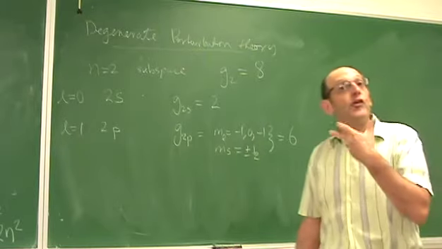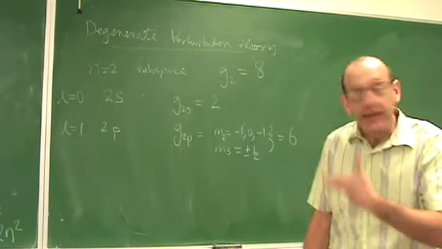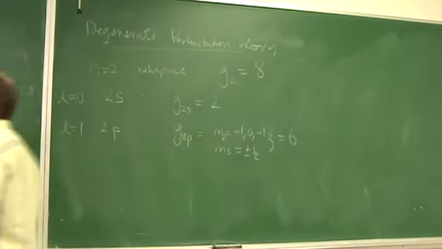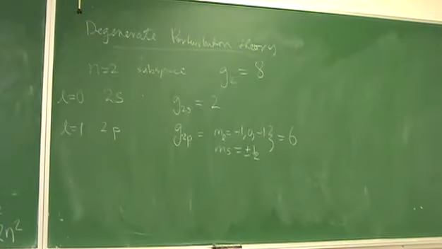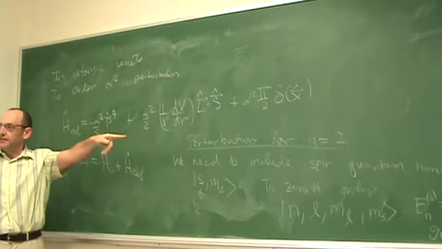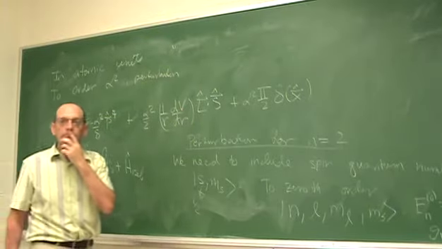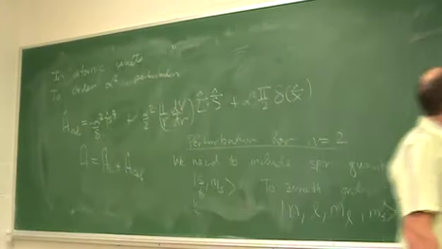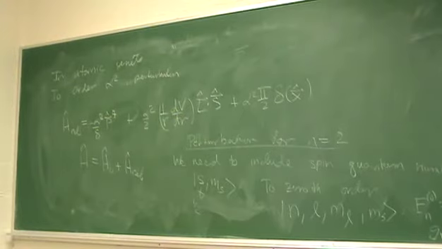So, if we're going to do degenerate perturbation theory, as we discussed, we need to diagonalize our perturbation Hamiltonian in this subspace. Well, what can we say about that?